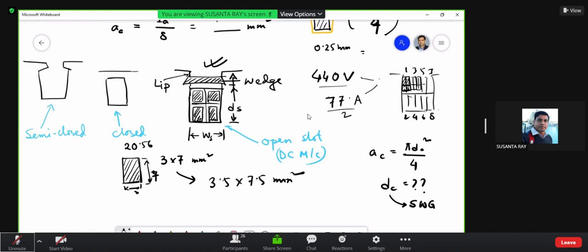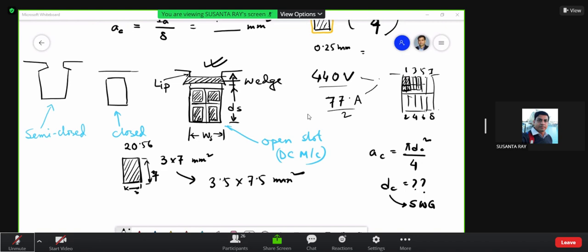Sir, the nearest value in the chart is 1.83 and I am getting 1.85. So can I take that? Yes. Okay, what current density have you taken? 5.